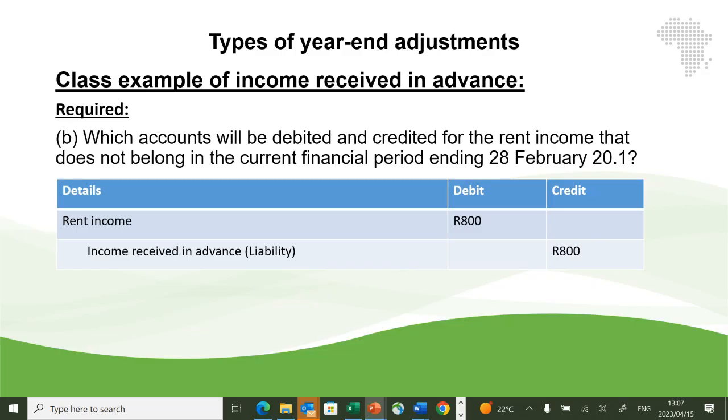So we debit the rent income. When you debit income, what happens? It reduces on the debit side. So we debit rent income by 800. What are we going to credit? We credit income received in advance, which is a liability, because we owe that person who paid us that 800. Liabilities increase on the credit side.